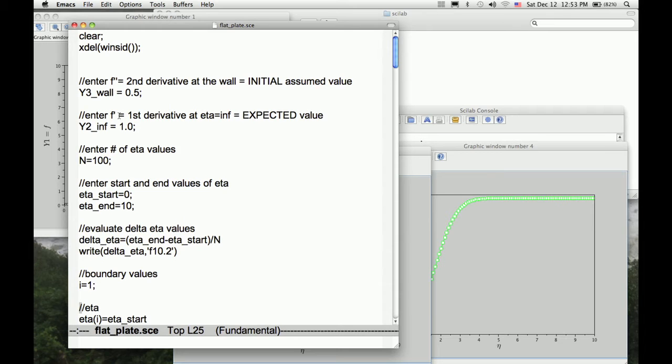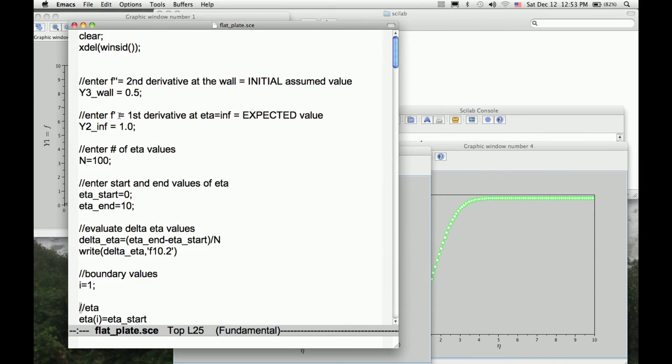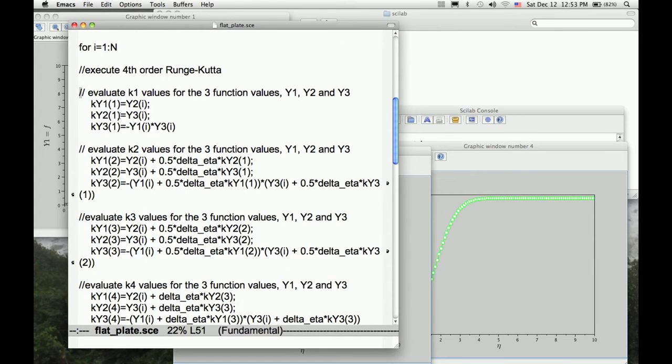I know that value. So, I kind of start from that value.